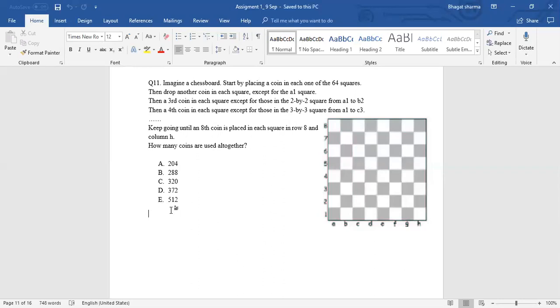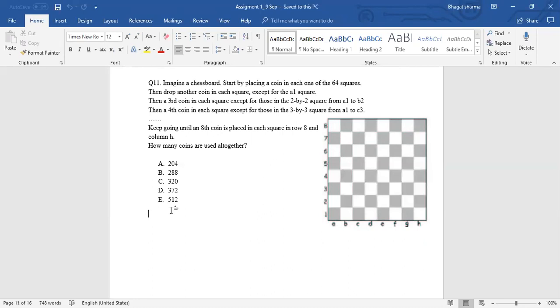Okay, so what I did was, you had to place 64 coins on each of the 8 rounds, except for the second round you had to leave out one square, and so on until you left out 8 different squares.